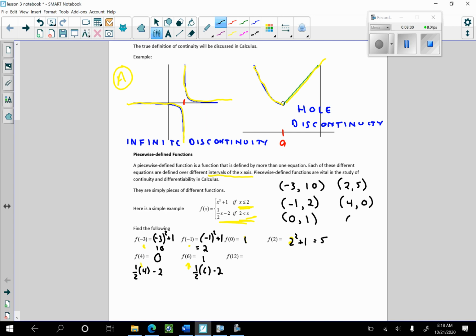So that's going to give us the point 6 comma 1. And f of 12, I realize that 12 is up here again. So f of 12 is going to be 1/2 times 12 minus 2. This is going to be 6 minus 2, which is 4. So here's our point, 12 comma 4.